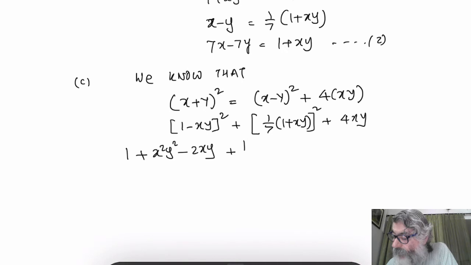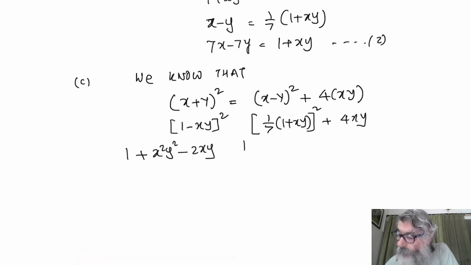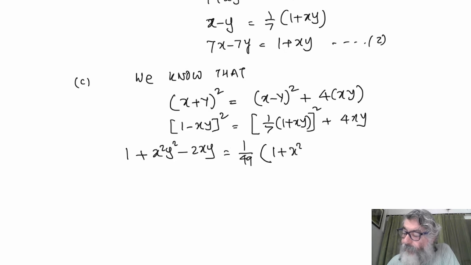In between it is equal to. One upon 49, when you square this, 1 plus x square y square, plus how much? 2xy, plus 4xy.